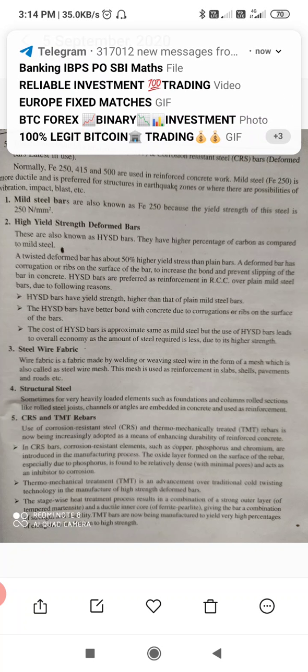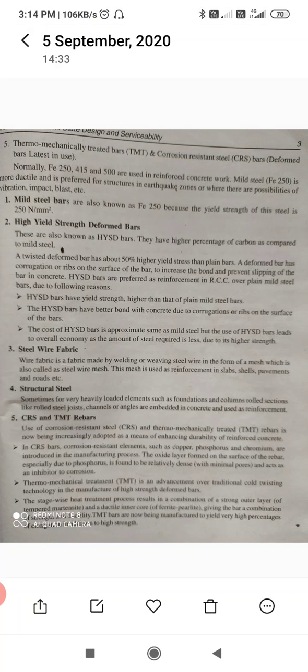These HYSD bars are preferred as reinforcement in RCC over plain mild steel for the following reasons. The HYSD bars have a high yield strength, higher than that of plain mild steel bars.